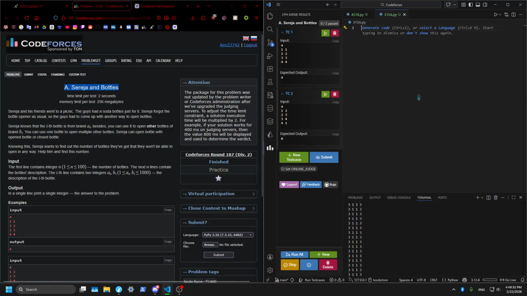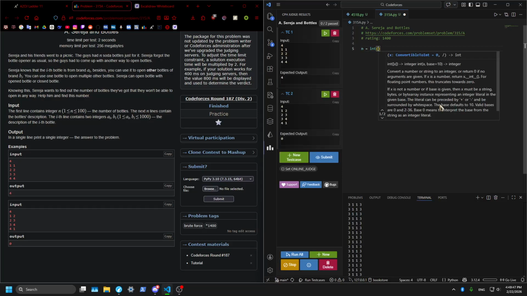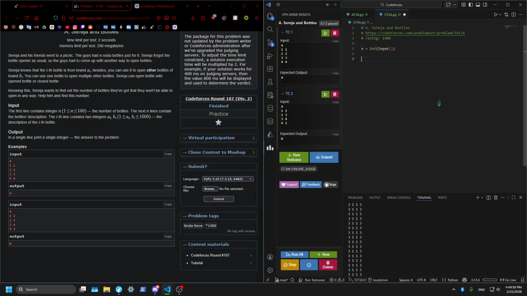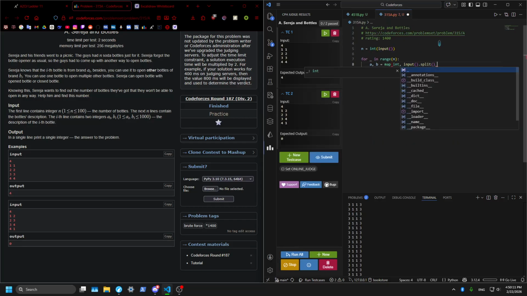Serena and bottles. This is a 1400 rated. First line contains integer n. And then okay.